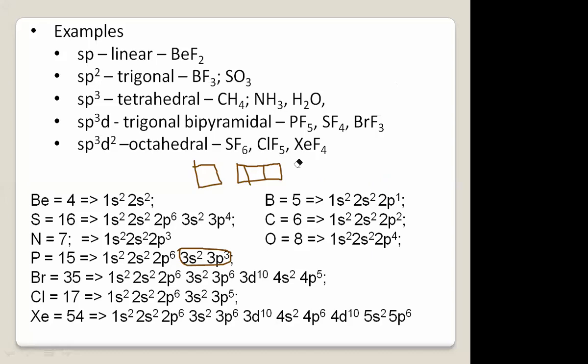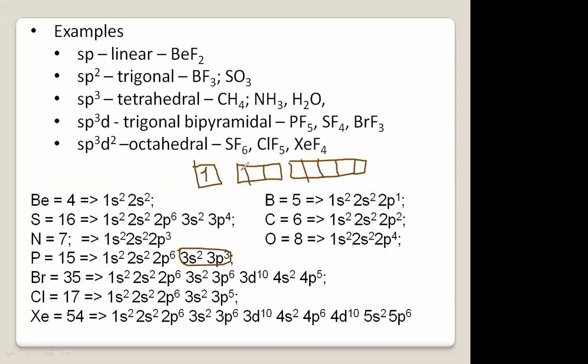You have a d orbital. You have 1, 2, 3, 4, 5. Now, in this d orbital, for phosphorus, one of the electrons will be here, which is the electron of the s2.